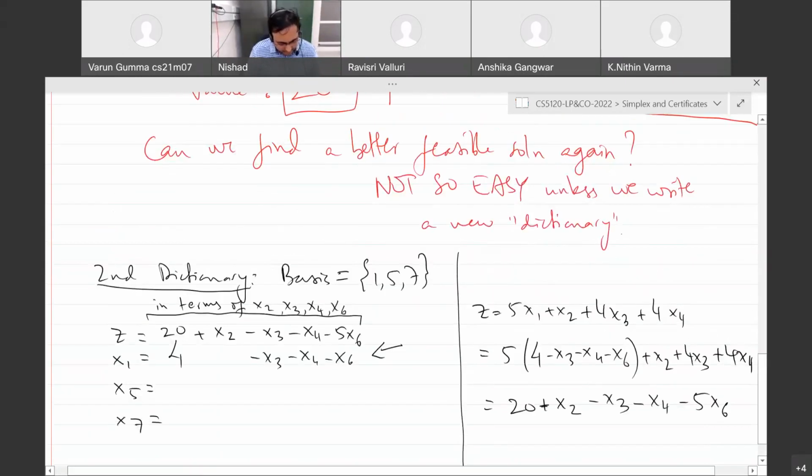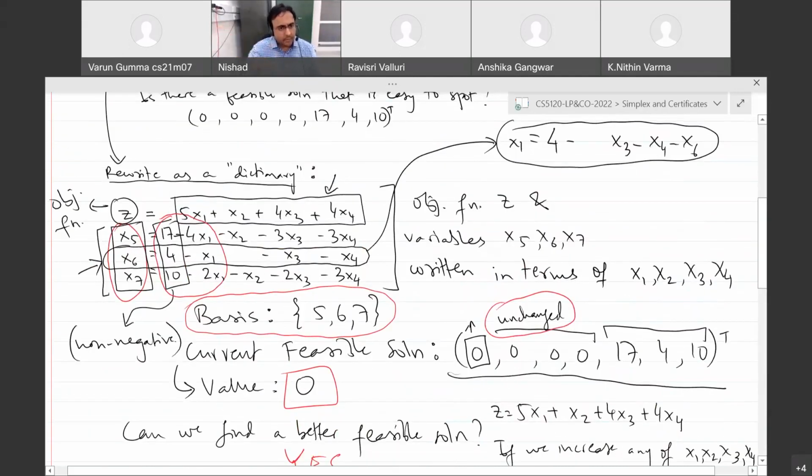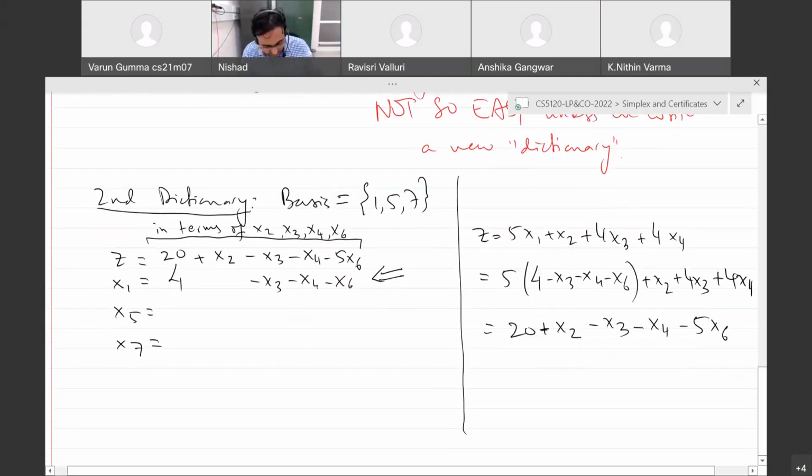And now let's look at x5. x5 was 17 minus blah, blah, blah. So I'm going to substitute x1 by the same right-hand side as we did before. And if you do that, you can check it yourself. I'm just going to copy down the dictionary that I created before the lecture. Okay, so far everything is correct. I think I haven't made any mistakes.